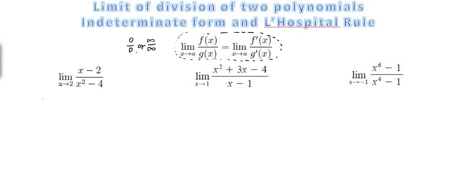As we know, when we plug in x equals 2 in this rational expression, we can get 0 over 0. Now we can tell that it belongs to indeterminate form.